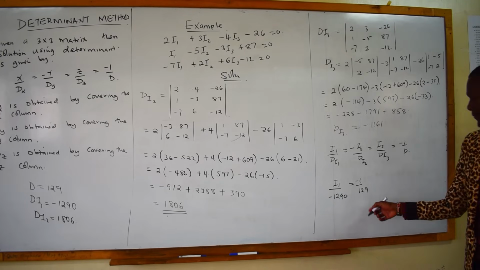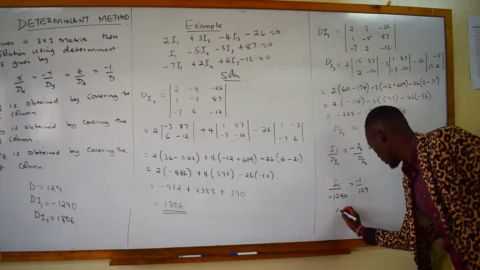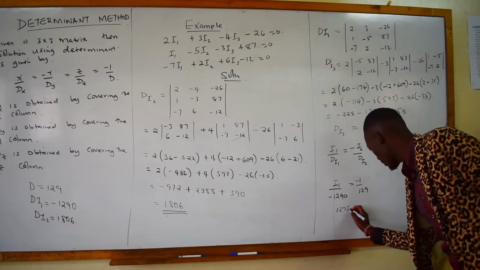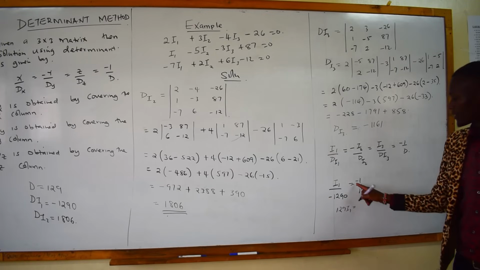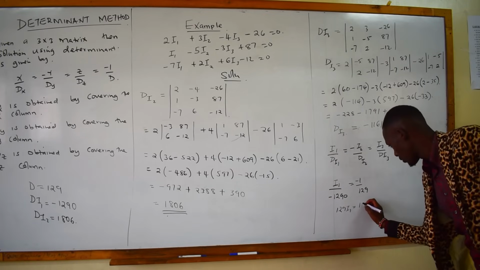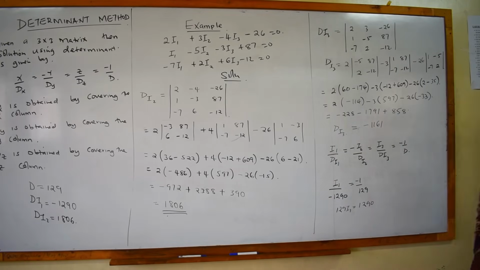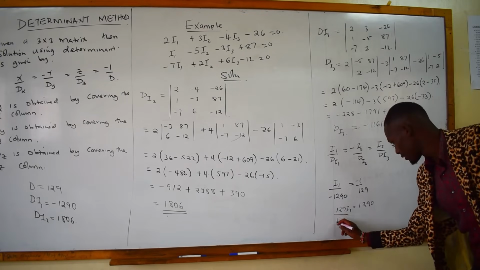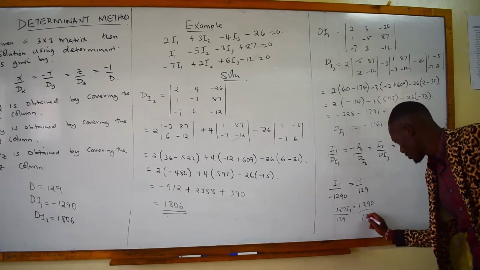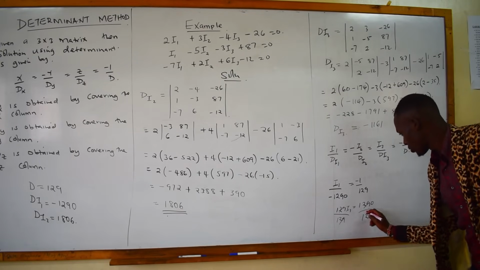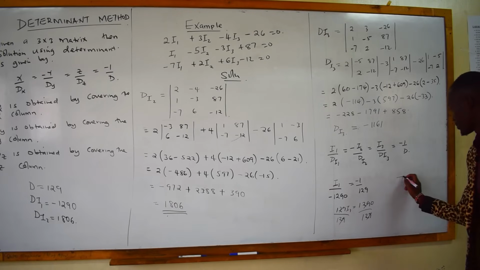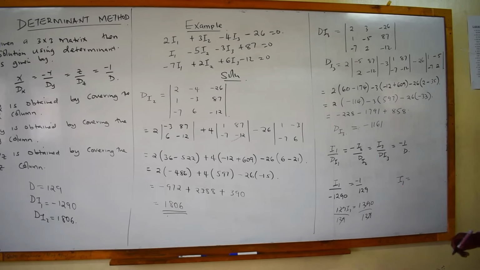So cross multiplying, we shall have 129 I1 equals to, we have a negative, so it will become positive 1290, then divided by 129. So our value for I1 is equal to 10.